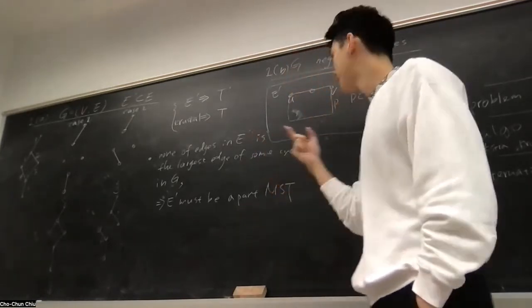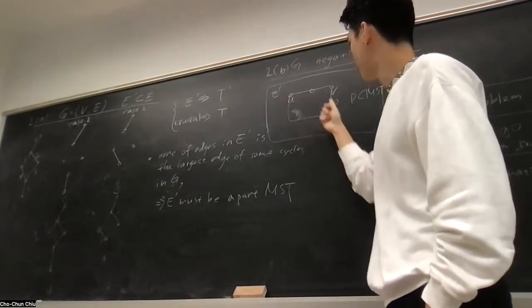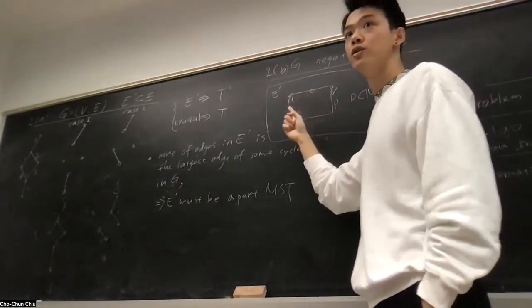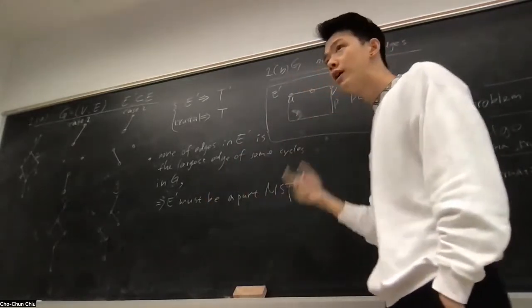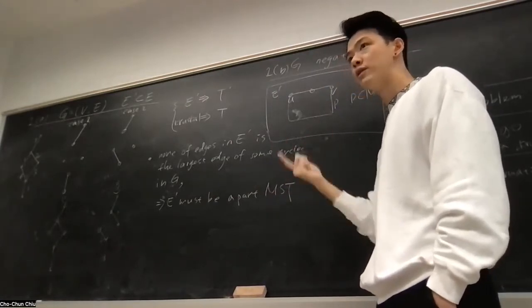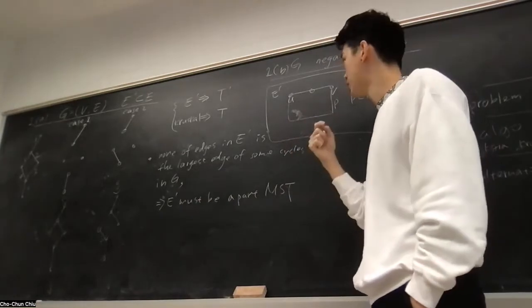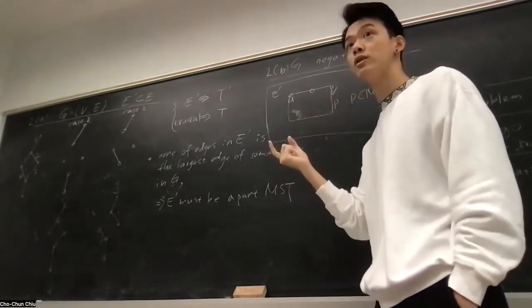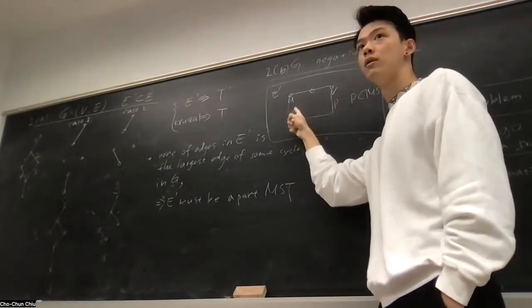Yeah. So by proving by contradiction, right now we have the cycle here, right? So we know that according to the cycle property, the largest edge is not going to be part of MST, right? So the largest edge is not going to be here. Make sense?